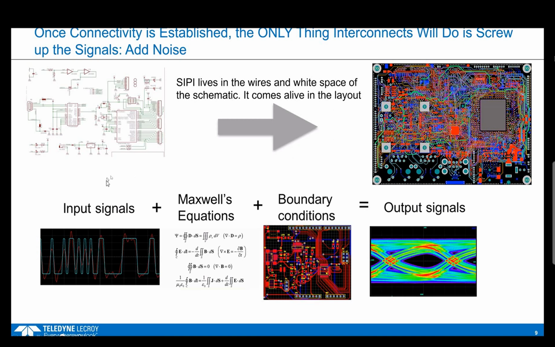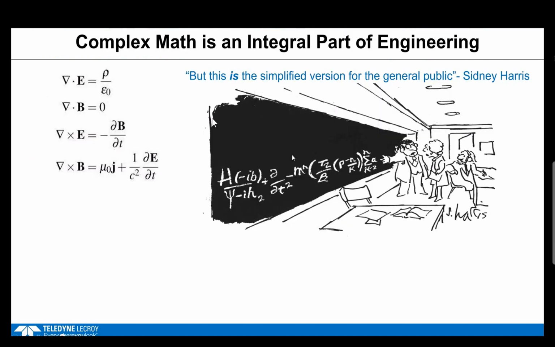I say unfortunately because in order to understand how these interconnects are going to distort the signals, how they're going to introduce noise, unfortunately, we have to understand Maxwell's equations. And, you know, in general, when you get into the deep levels of engineering, all of engineering is about mathematical representation of the real world. It's about using ideal models because we can solve problems much more quickly in the ideal world than in the real world. That's where virtual prototypes come in.